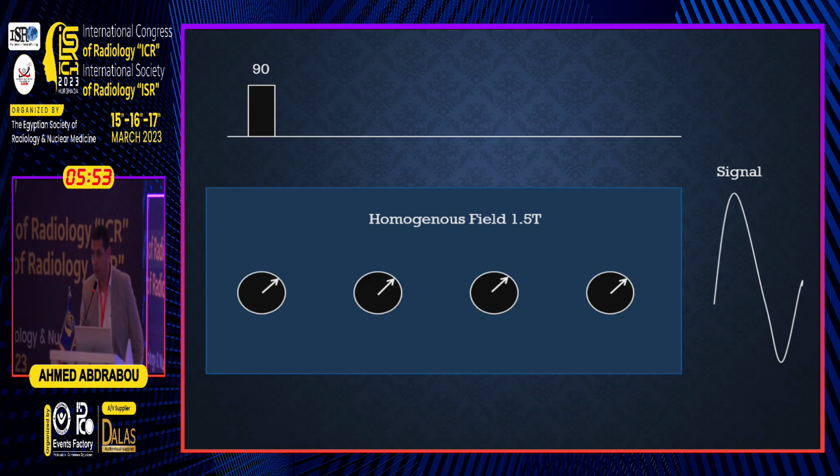So when a patient is introduced inside the MRI machine, and for example in a 1.5T machine, we know that the protons will be magnetized. And when you apply a 90-degree pulse, we know that these protons will be aligned together and in phase, and this will produce signal.